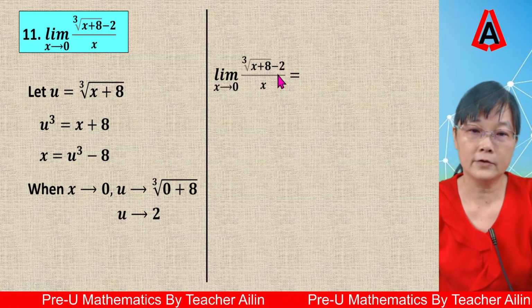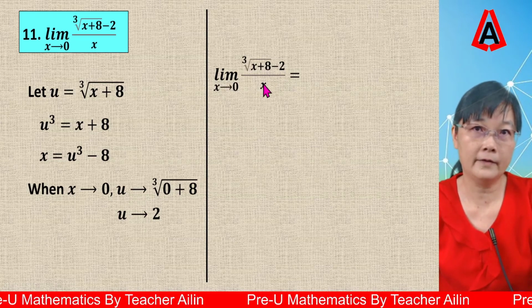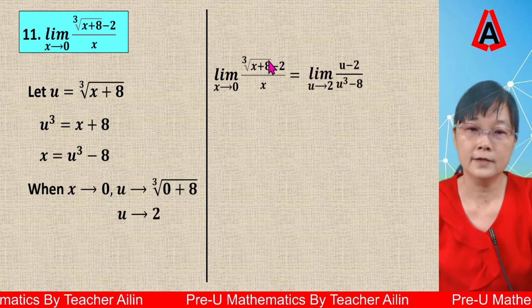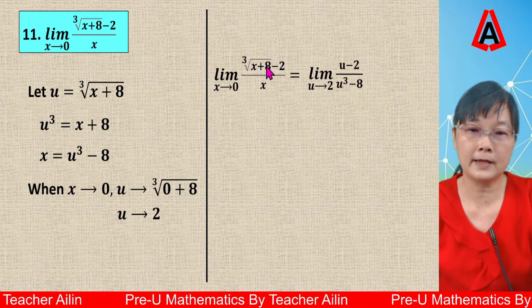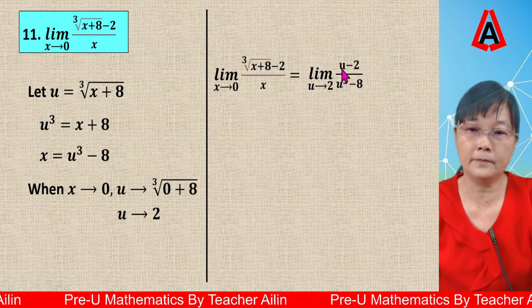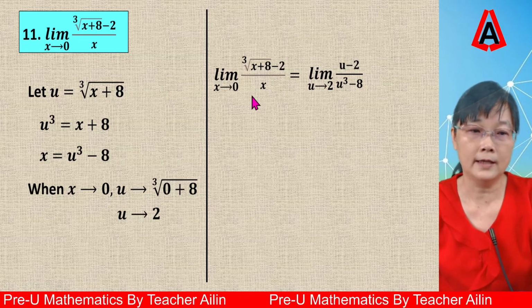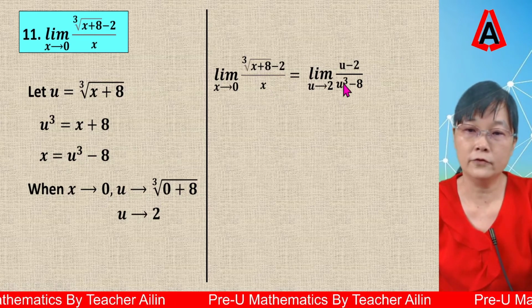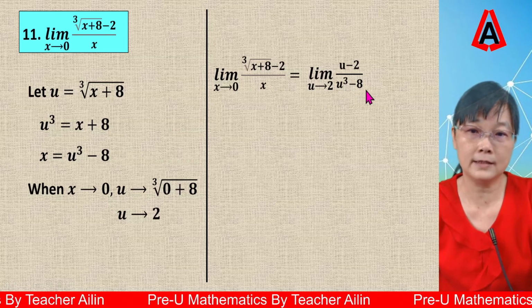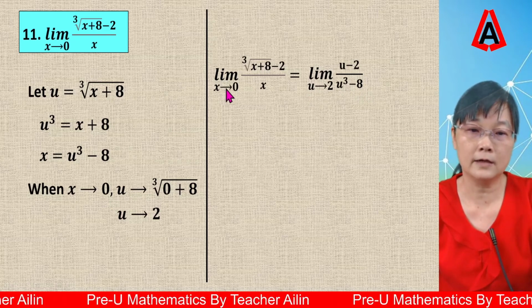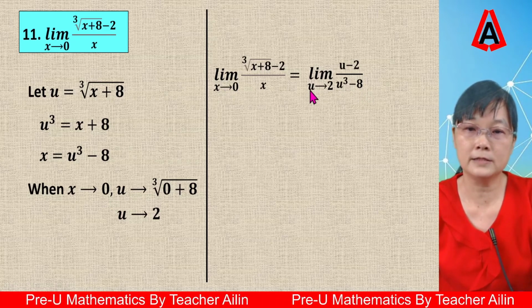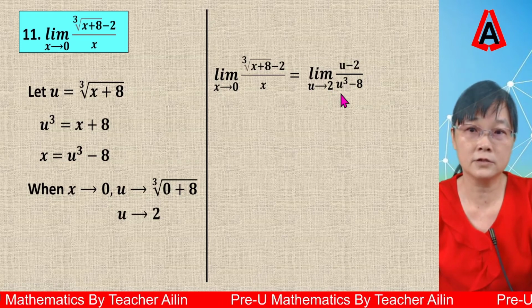Now I'm going to replace all the variable x with u. First, the cube root of x plus 8, I replace with u, and x I replace with u power 3 minus 8. And x approaches 0 is replaced with u approaches 2.